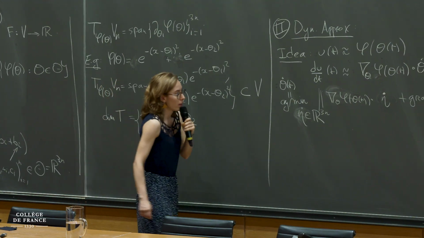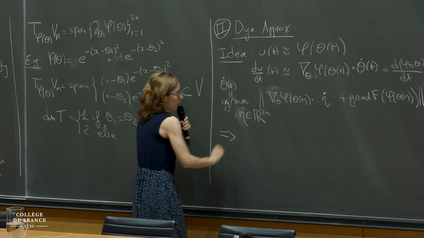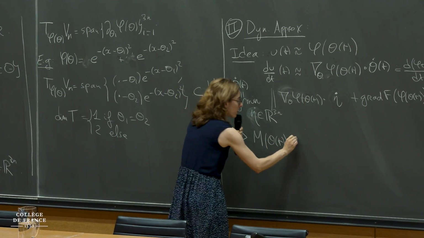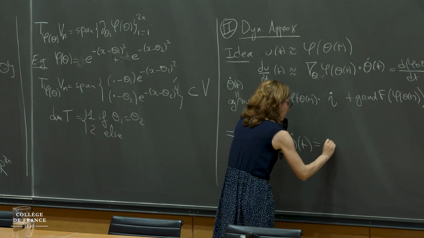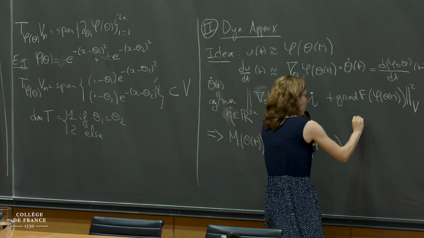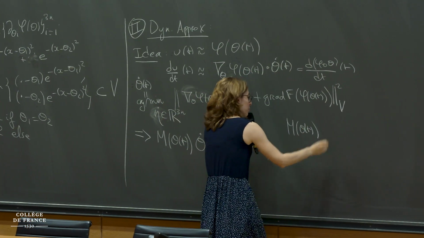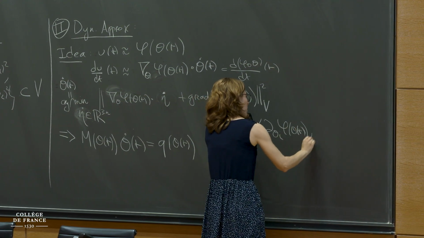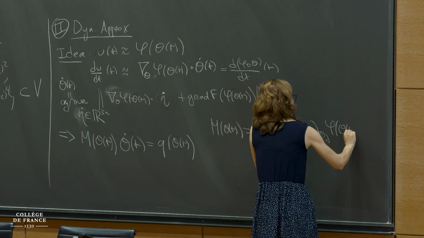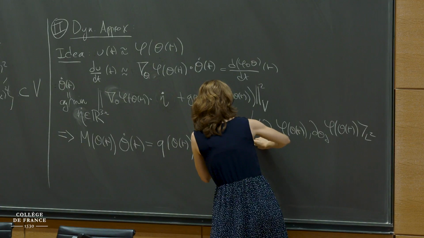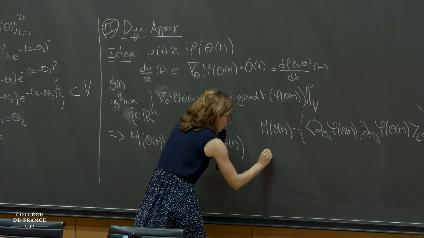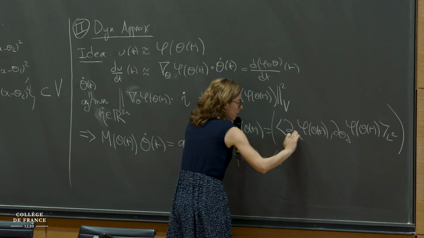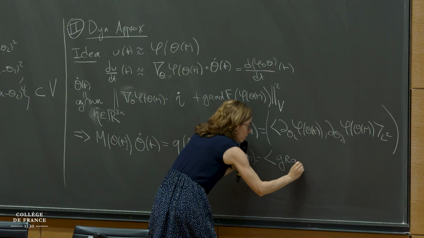Here now comes a curveball. The optimality conditions for this system are leading to a very compelling ODE system of equations for theta dot, which is going to be of this form, where M of theta t is a matrix of the cross products of the parameter inner products, and Q of t is somehow reflecting the projection of the gradient term into the space generated by the span of these partial derivatives over here.